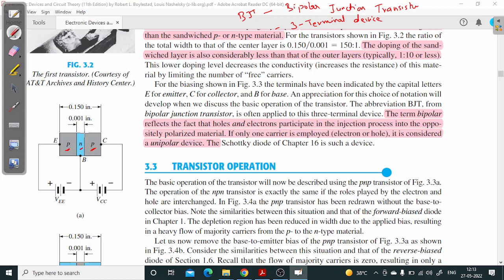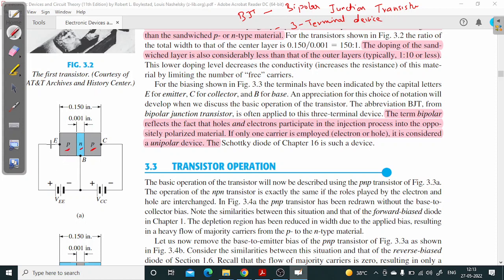The thickness of the middle region is around 0.001 inches, and the total thickness may be around 0.15 inch. So it's obvious that the thickness of the outer regions, these two P regions, is very high compared to the thickness of this middle region, the base.